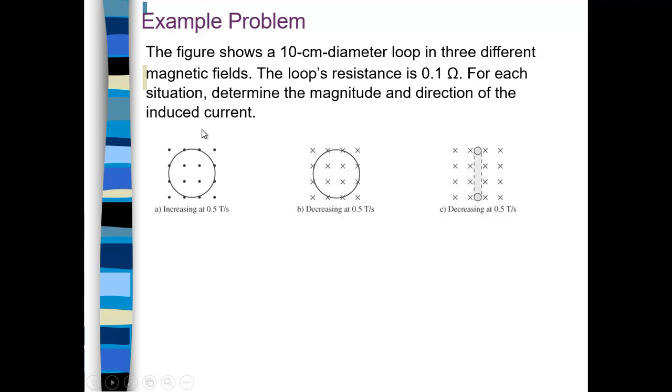So in the first example, our magnetic field is increasing by 0.5 Tesla per second. So that's our change in magnetic flux, delta phi over delta t. That would just be the magnetic field moving through that area.